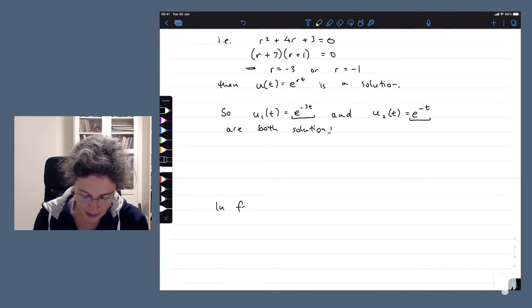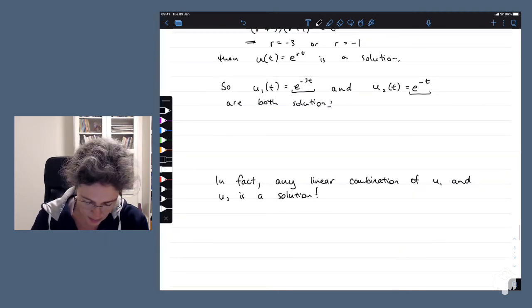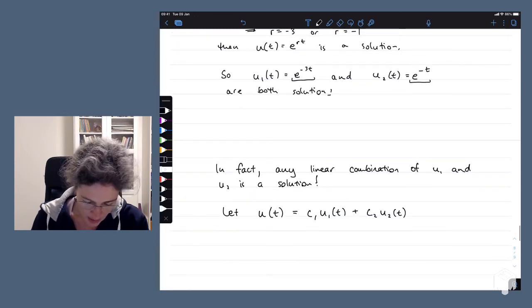So in fact, any linear combination, let's just check. So let u of t be some constant times u1 plus some constant times u2. Once again, do your differentiation thing, so you can double check this.